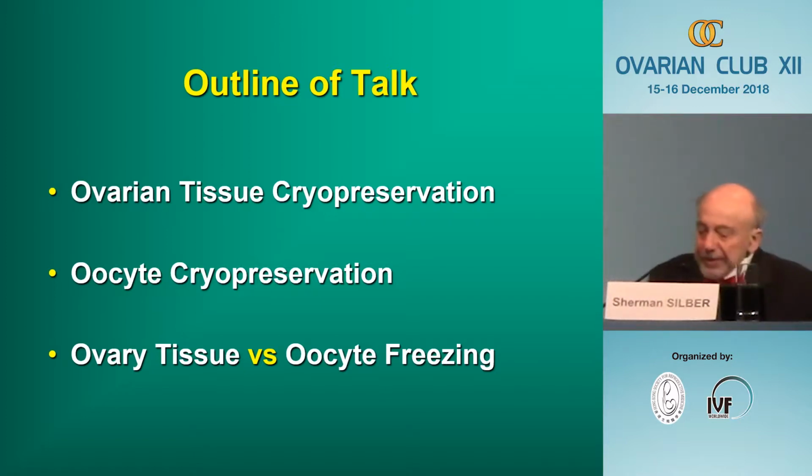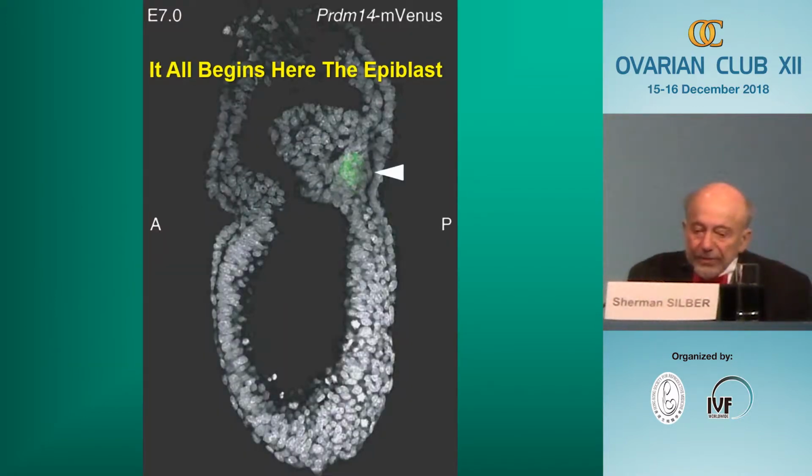So you saw this yesterday, but it's important to realize that everything begins in the epiblast. And John McCary kind of corrected me, but I've got a little bit of a modification of this also from the MIT people and from Hayashi, that certainly germ cell specification begins right here in the epiblast, and they are germ cells, but they're not going to really be able to function well in either the testes or the ovary until they lose some of their pluripotentiality, which occurs as they travel up into the dorsal ridge.